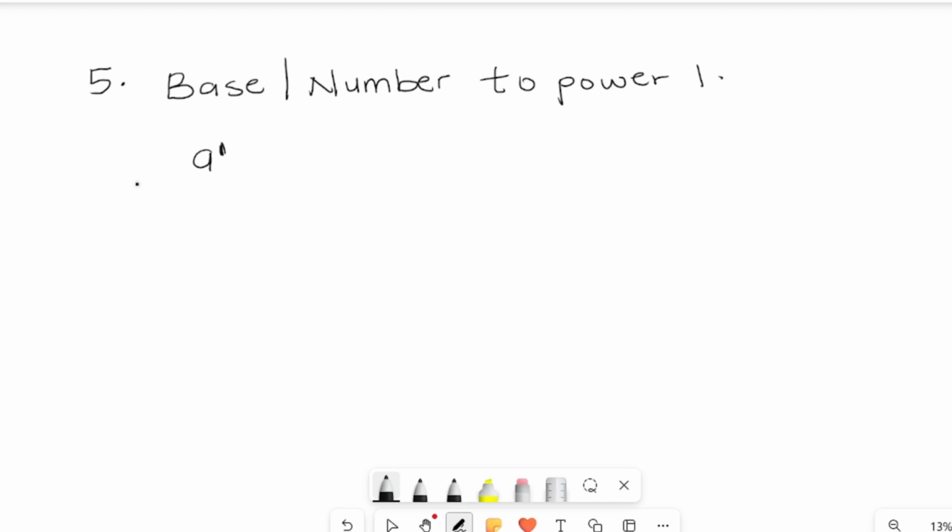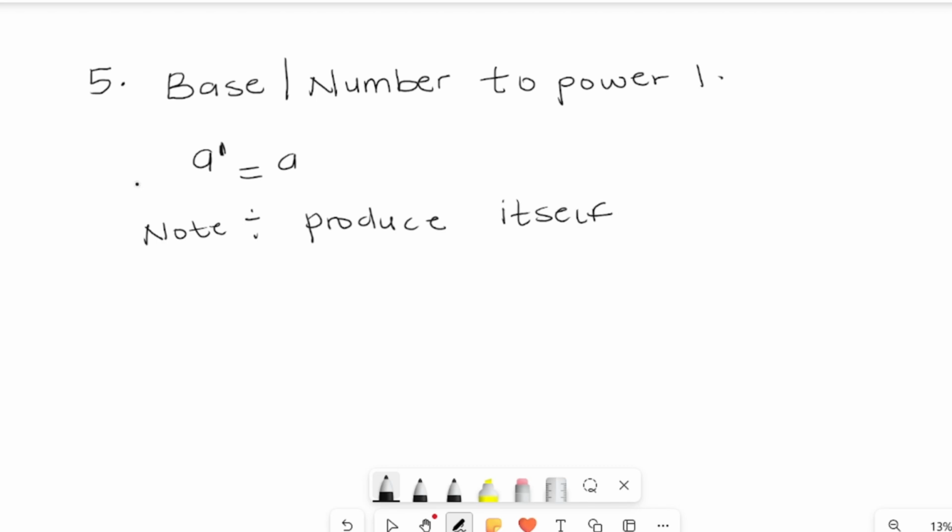Take note, our answer will be equal to a. Why? Take this down. Note, any base or number to power 1 will produce itself, to give us itself. Very important.